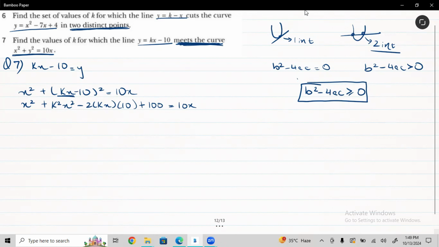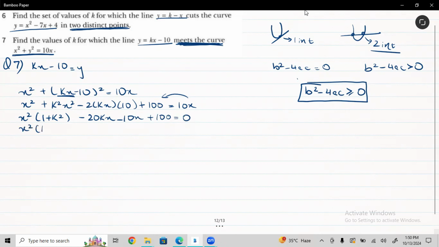Take x squared as a common factor: x squared (1 plus k squared), minus 2 multiplied by 10 is negative 20, multiplied by k is negative 20kx, plus 100. Before plus 100, I'm going to add minus 10x as it comes from the other side. Plus 100 is equal to 0.